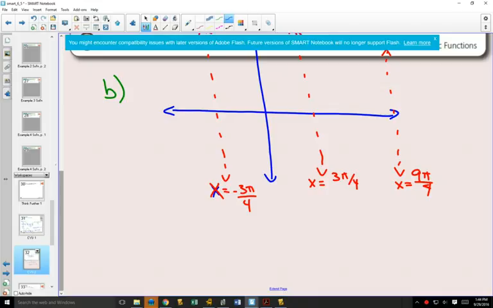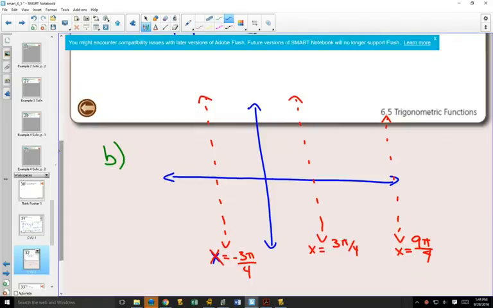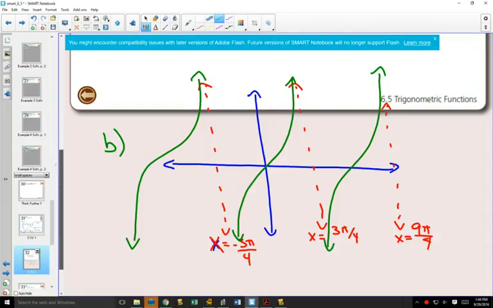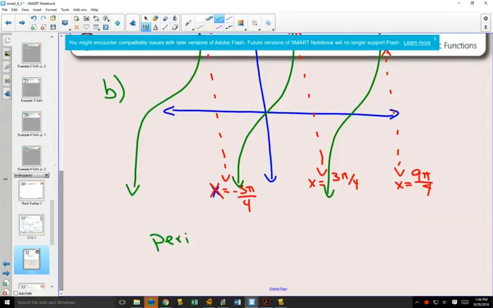And when you go to graph this, it still has the same shape. This is what our graph is going to look like. Now, what's our new period? Our period was pi, but because we're multiplying that by 3 over 2, our new period will be? Excellent. Three over 2 times pi, or 3 pi over 2.